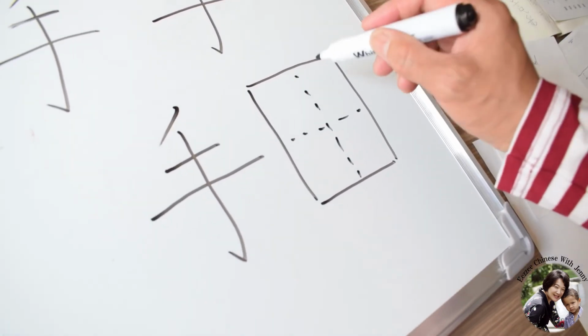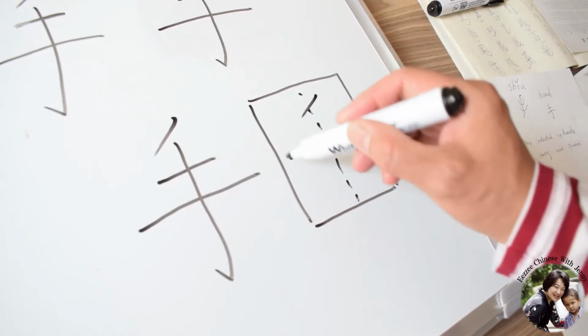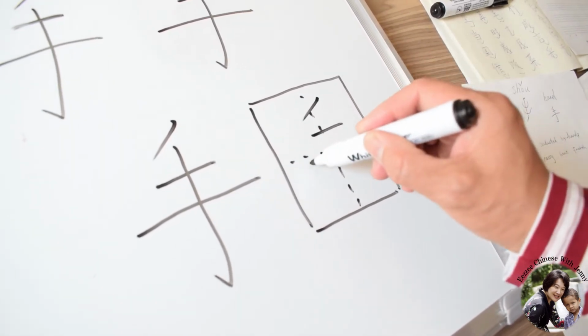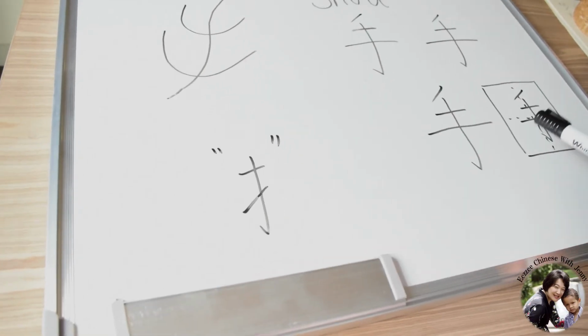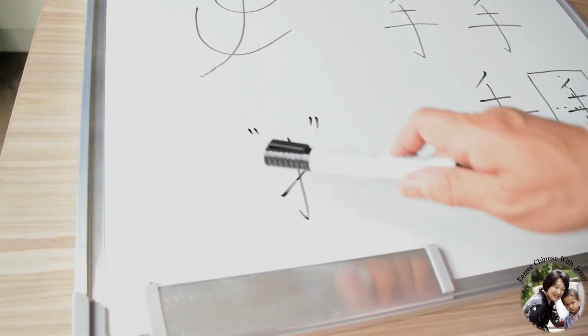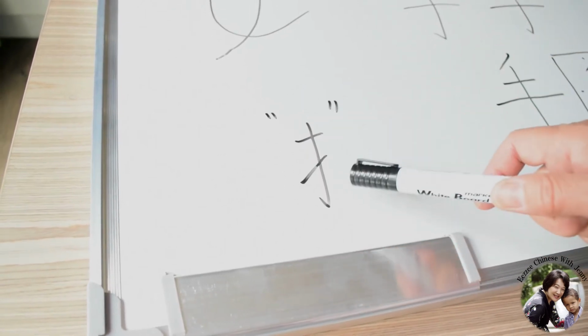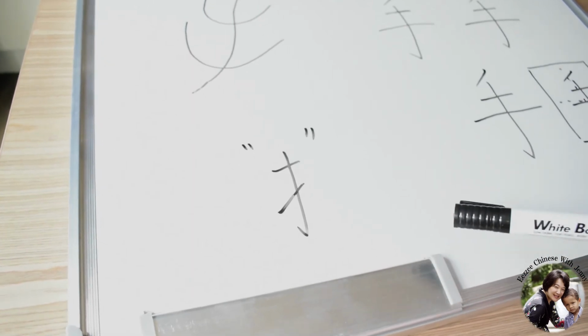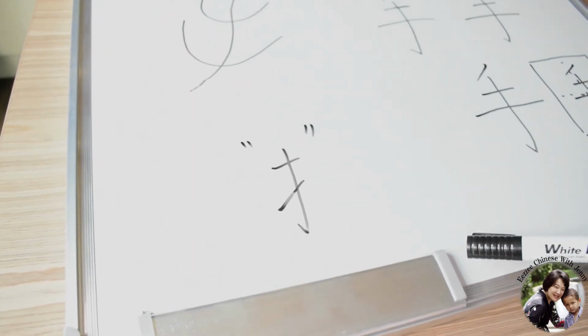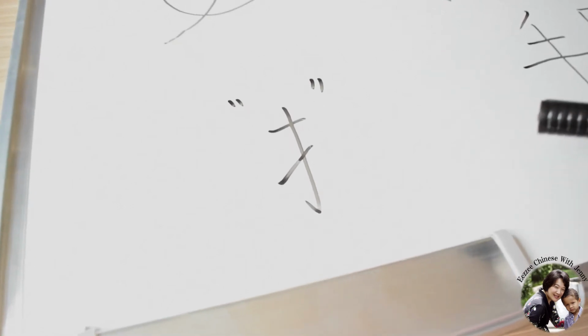Remember, always write in the middle. 1, 2, 3, 4. 手, the hand, is also a part of many characters, those actions which you conduct by hands. For example, like hold, carry, beat, fetch, all those things. But when it becomes a radical part of the word, it's simplified like this.